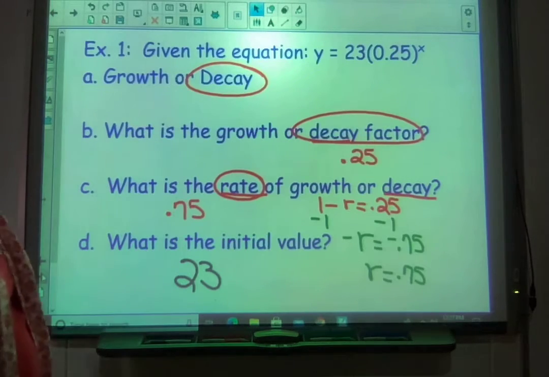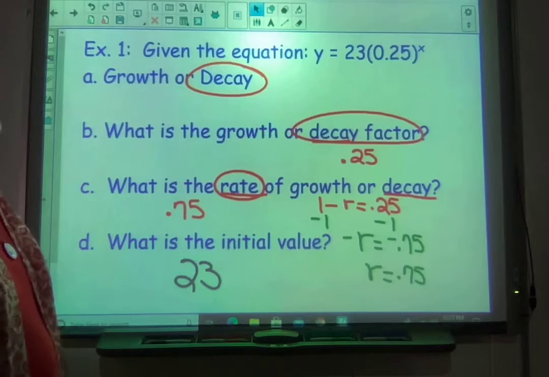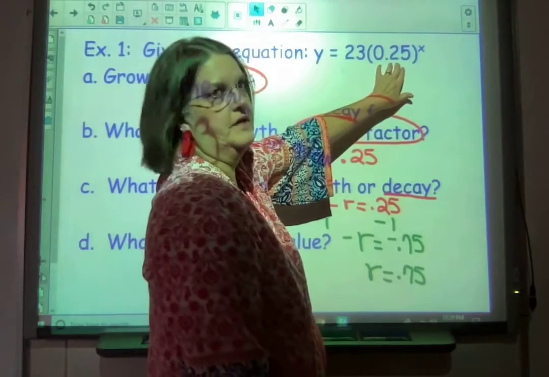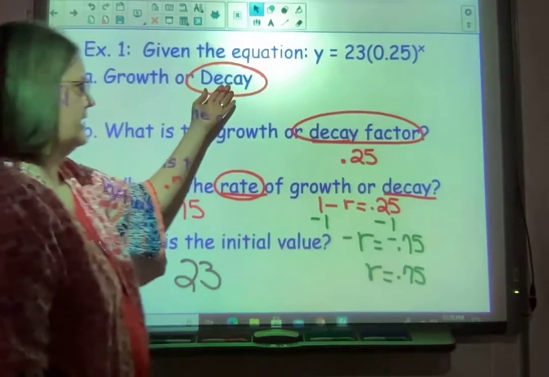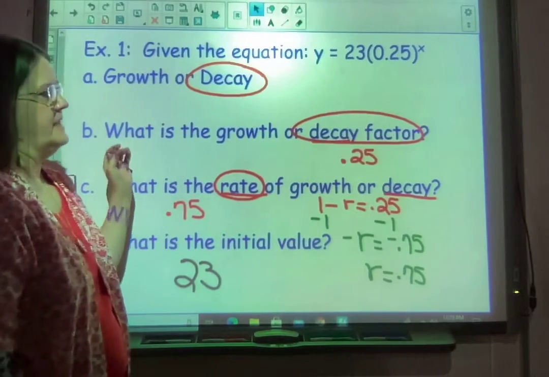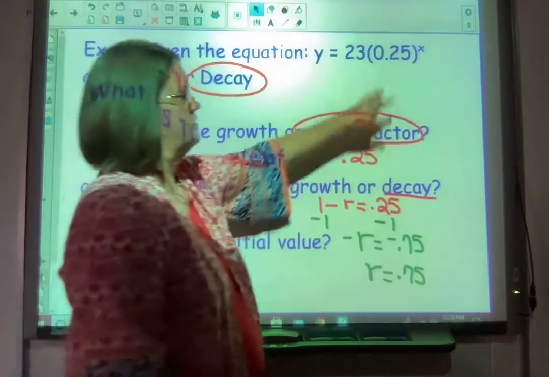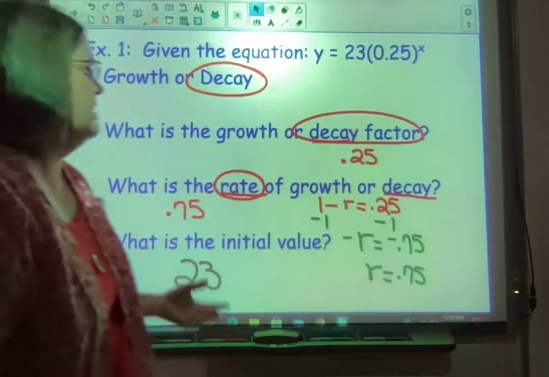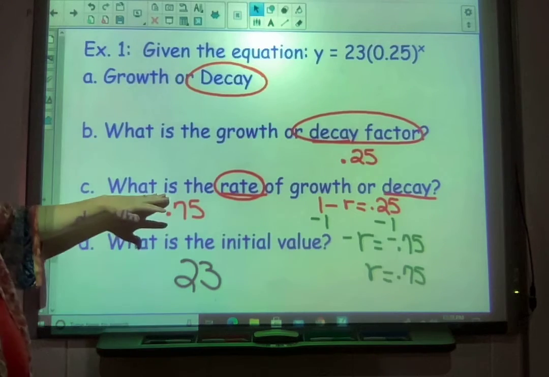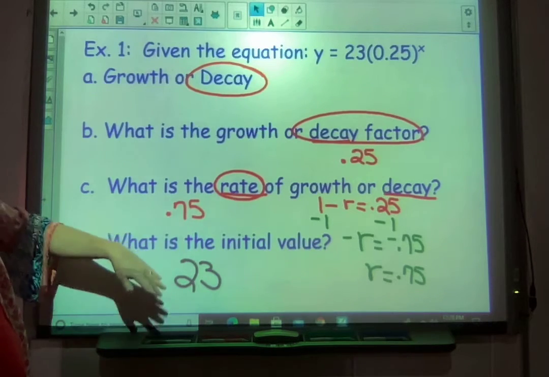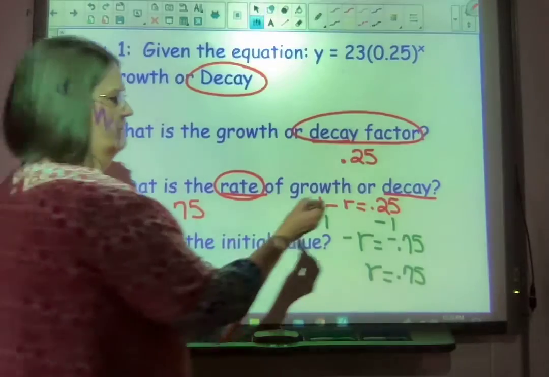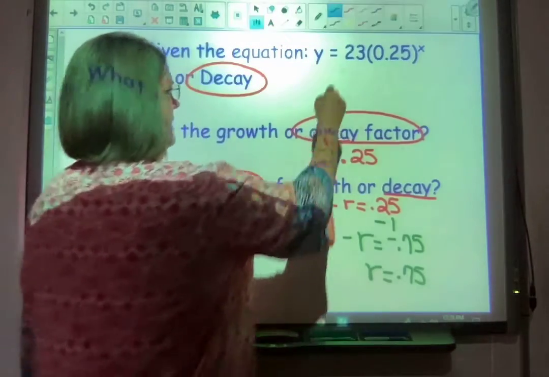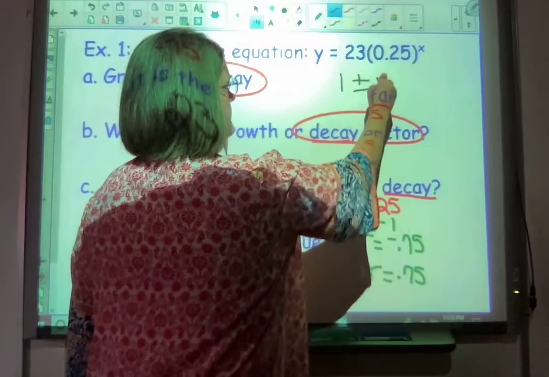All right, if I'm given this equation right here, I need to first decide, is this growth or is it decay? This number's less than 1, so it is decay. Now, what is my decay factor? My decay factor is this number right here, which is 0.25. However, that is not my rate. My rate is 1 minus r. Remember in the formula, you had 1 plus or minus r.